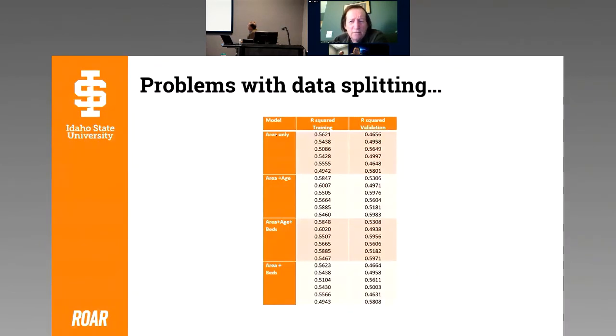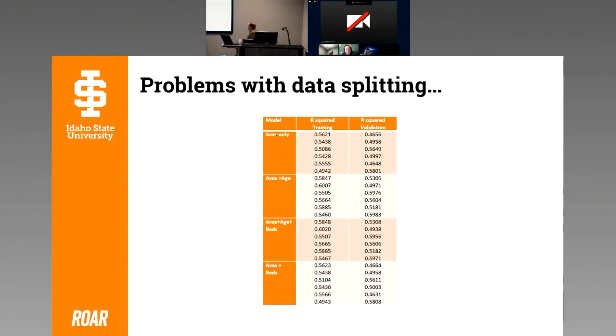But also, Ken and I conjectured that if I did all possible data splits, the R squared for the training set would just be R squared, and the R squared for the validation set would just be the R squared for leave one out cross validation.